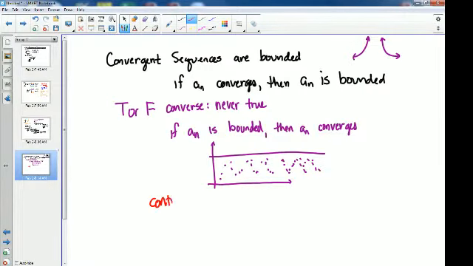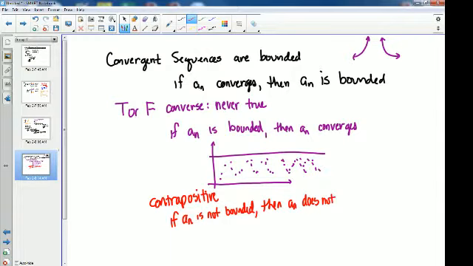Contrapositive. In a contrapositive, that would be: if a sub n is not bounded, then a sub n does not converge.